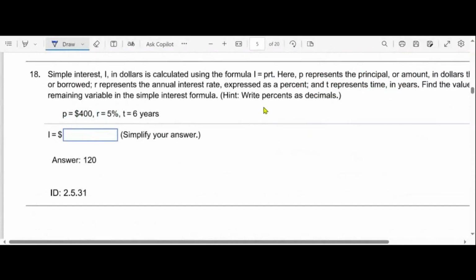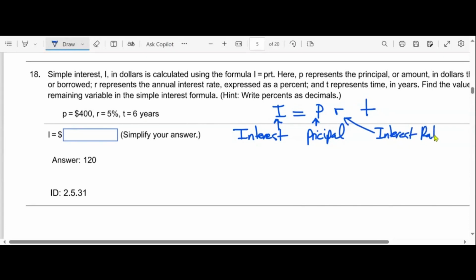Yalla, whose turn? Hamad. Simple interest, I in dollars, is calculated using the formula I equals PRT. Here P represents the principal or amount in dollars, R represents the interest rate expressed as a percent, and T represents time in years.